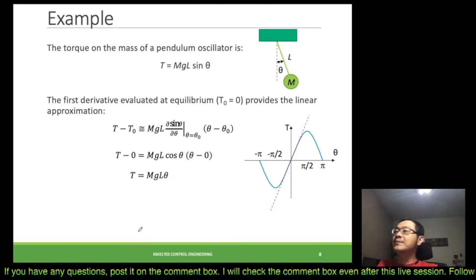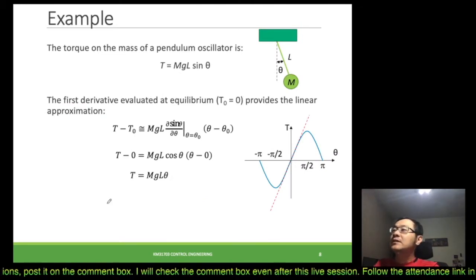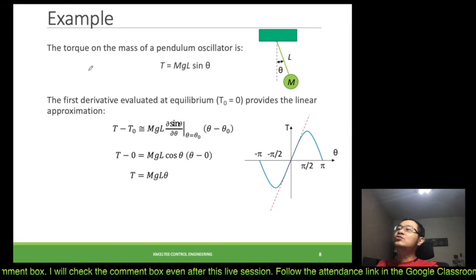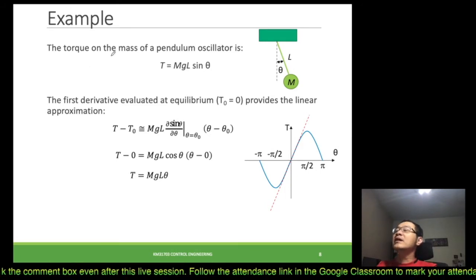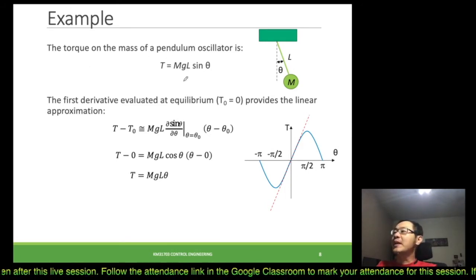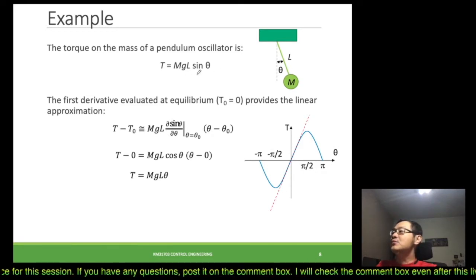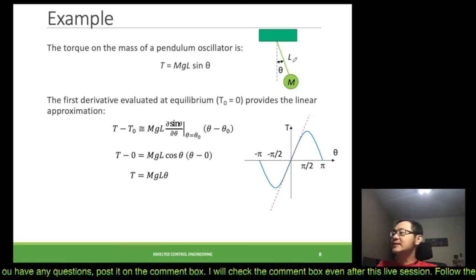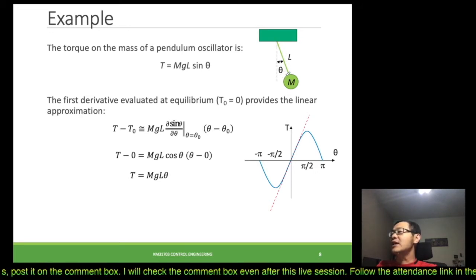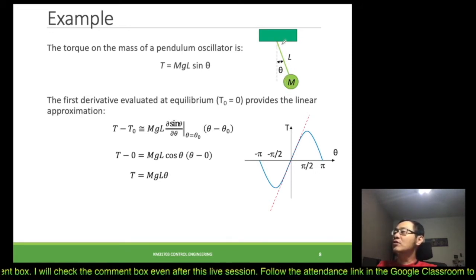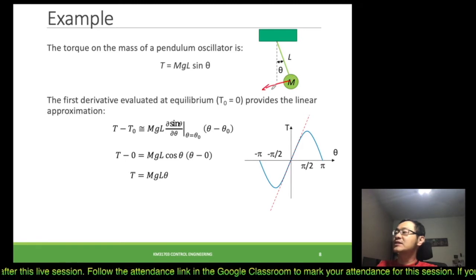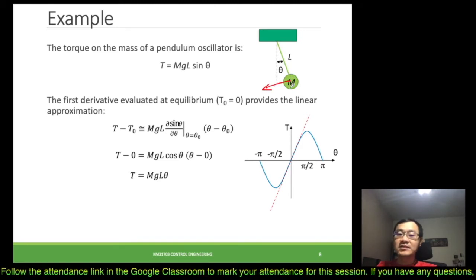Here is an example. If we want to know the torque acting on the mass of a pendulum in this oscillator itself, we are able to relate it as mgl sine theta. So you just have to resolve the torque. Torque is equal to length multiplied by the force in this direction, right?